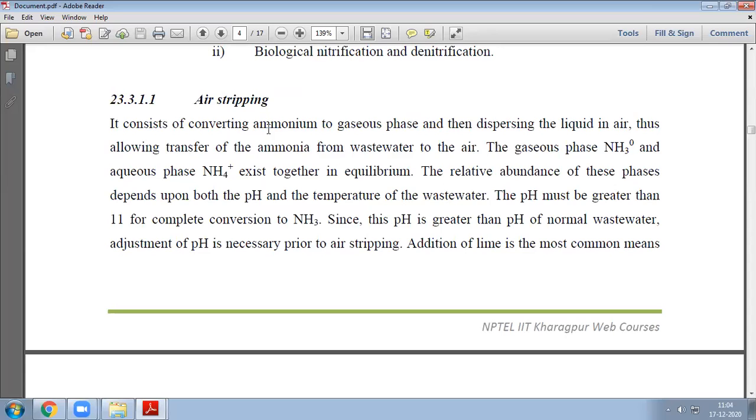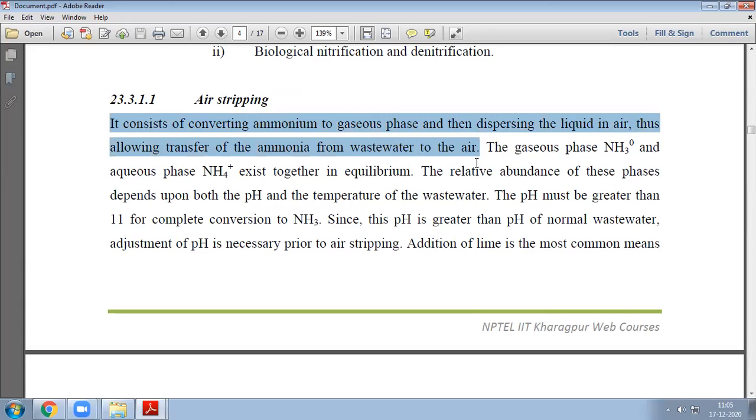What is this? It consists of converting ammonia into gaseous phase and then dispersing the liquid in air, thus allowing transfer of ammonia from wastewater to air. Okay, so this is the definition. We are going to convert this ammonia into air. This is how it works.